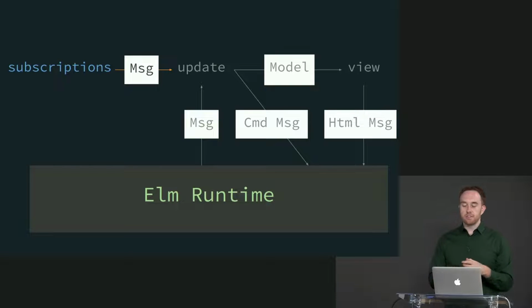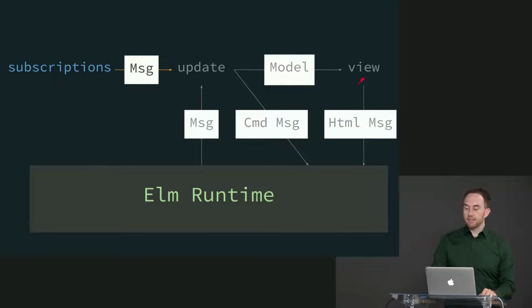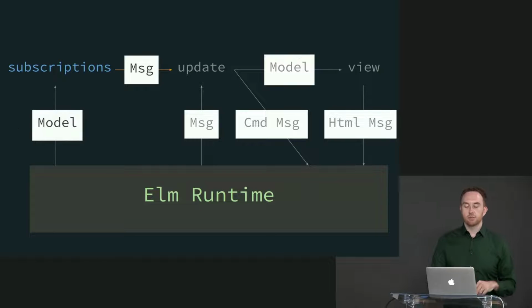So we can now notice this pattern where update is the brains of the Elm application, and it receives messages from a few different sources. One is from view, in response to user events. Another is from commands that update itself sent off, whether they be randomness or HTTP requests. And then finally we have subscriptions.